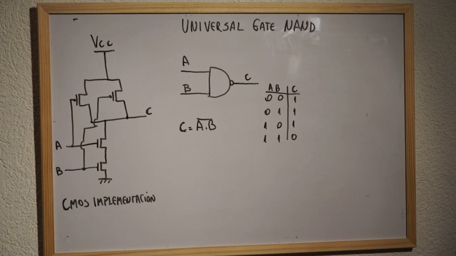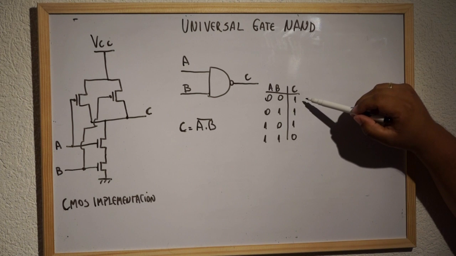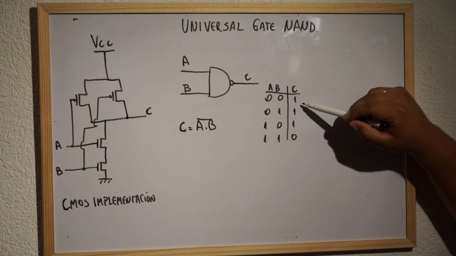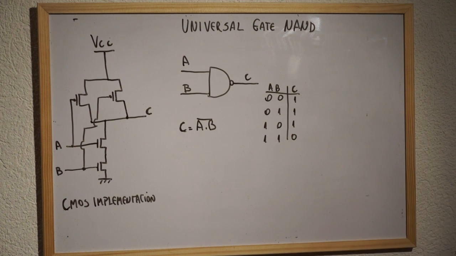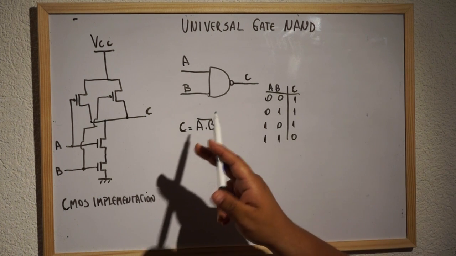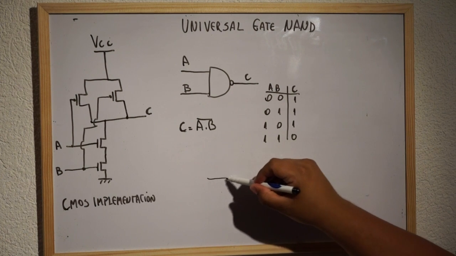We're going to see how to implement them in some lesson. In the truth table, we can see that the NAND gate has exactly the same result as an AND, but inverted. For instance, if we want to create a NOT with a NAND, what could we do?